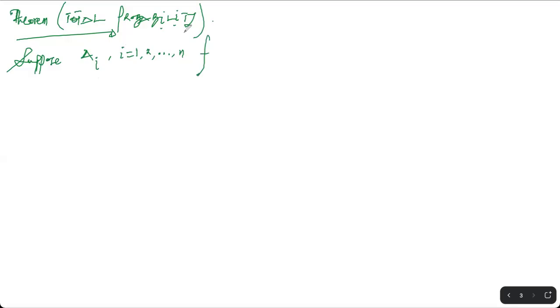So A1 is a partition, A2 is a partition, all the way to AN is a partition. That's what it means. So suppose AI forms a partition of omega.